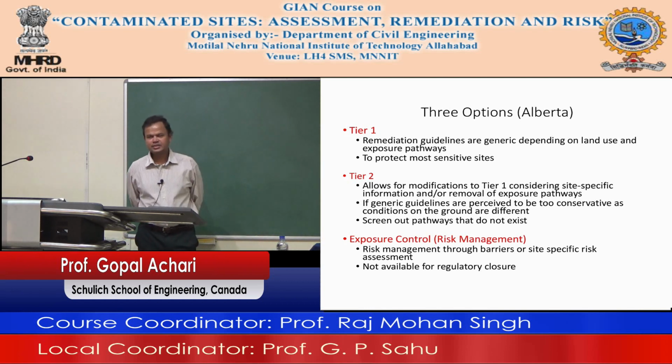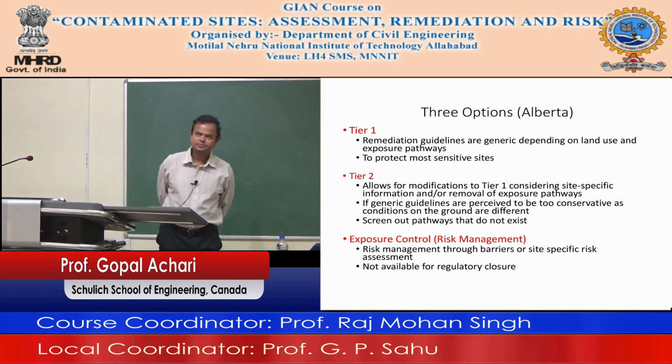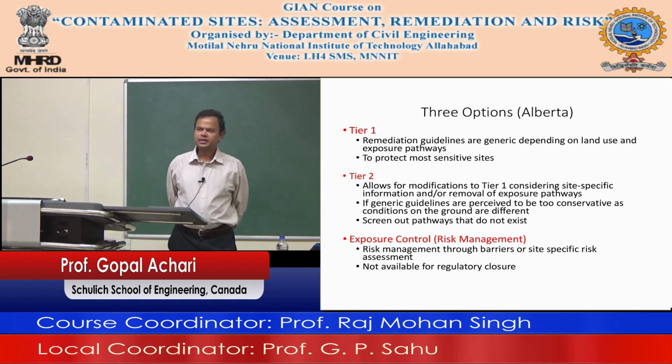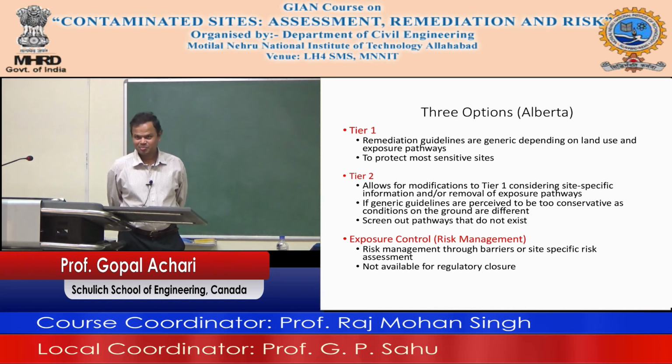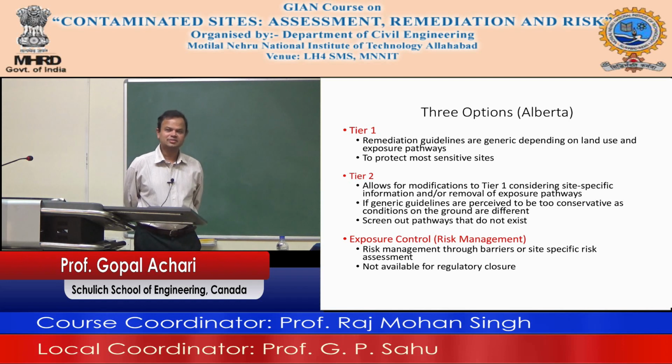For example, if your site has something unique, let's say your site has a very unique, sensitive population of any particular ecosystem, the regulator might actually want you to do site-specific numbers which are more conservative than what your tier 1 would say.